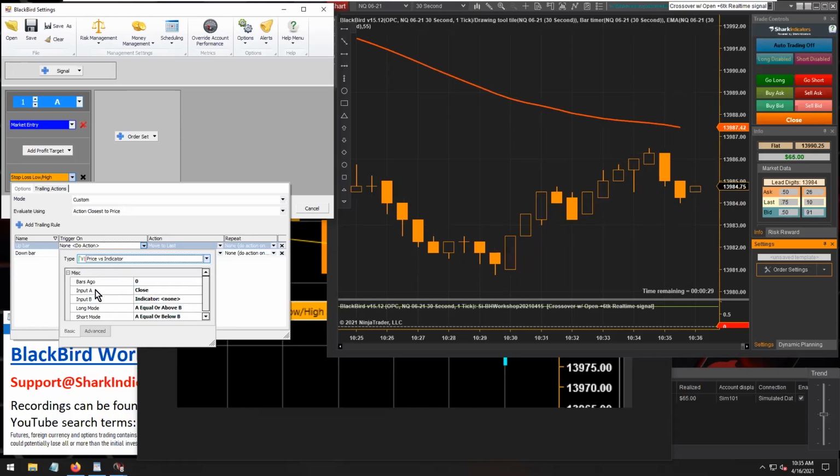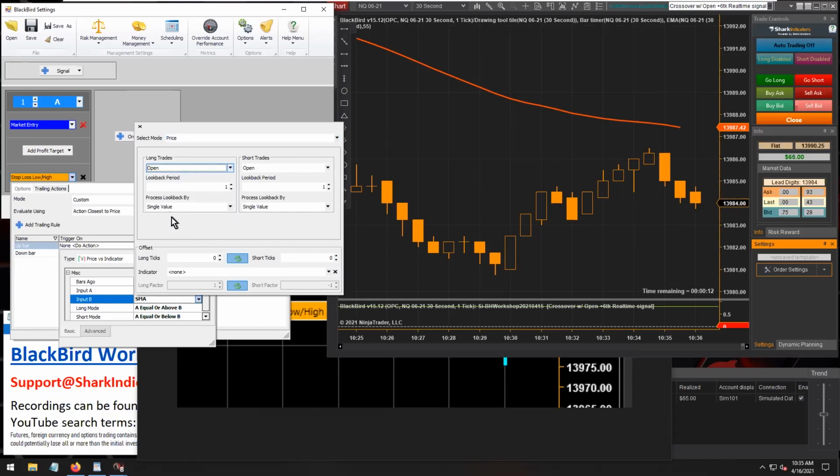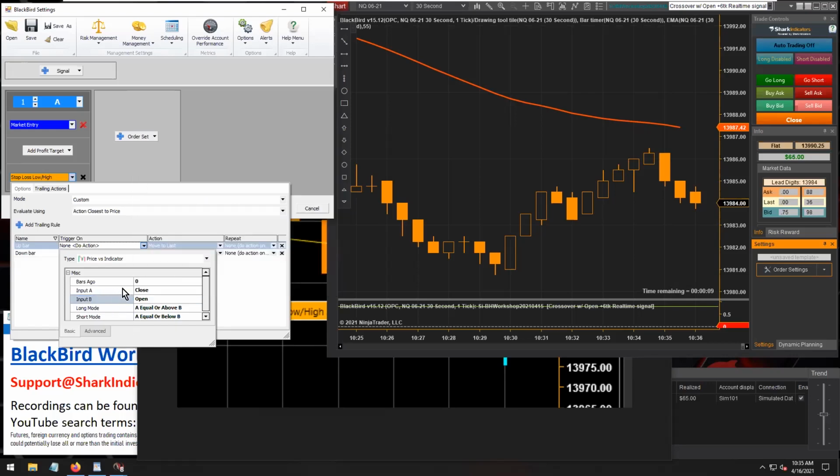If it's an up bar, the close of the bar is going to be higher than the open of the bar. So for input B, we're going to set that to price and then set it to the open price, so we can compare the closing price of the bar to the open price of the bar.